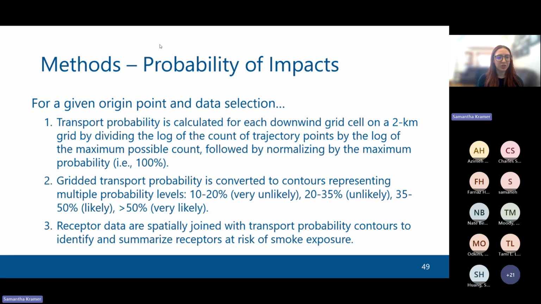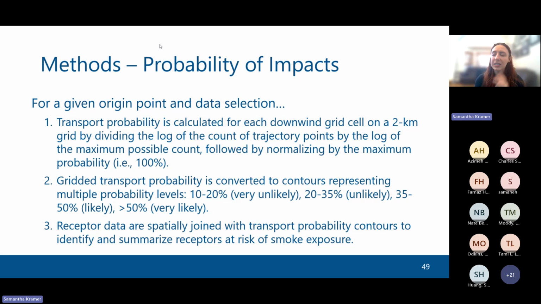We've had that exact reaction, where 20% being unlikely doesn't sound right, but it is 20%. And again, this is part of the way that HySPLIT works. The reason why we use very unlikely to likely is that's what's used in the IPCC and a lot of climate change communications.